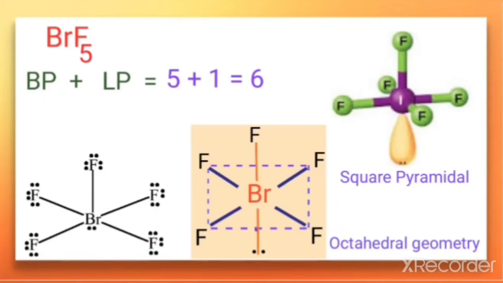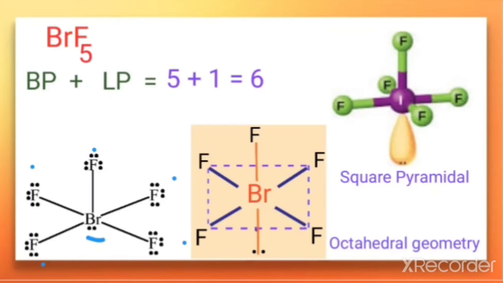So how much is remaining? 1 lone pair is remaining here. Out of 7 electrons for bromine, 5 electrons it shares with the 5 fluorine atoms. So the remaining 2 will remain with Br as a lone pair.